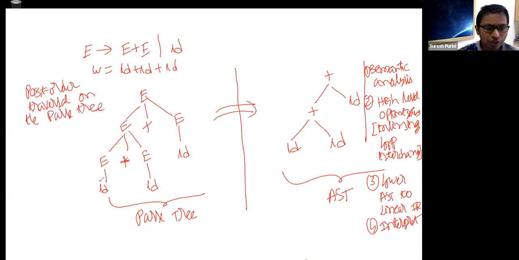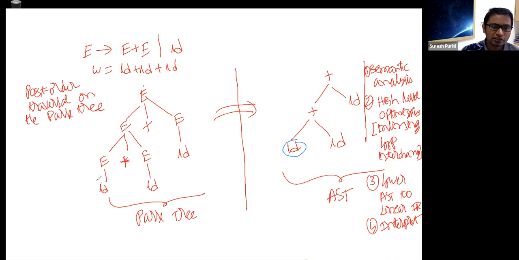When you do a post-order traversal on the parse tree and you hit a leaf node, you create an AST node like this. You start traversing this parse tree in a post-order form, that is, visit the left subtree, visit the right subtree, and then process the node.